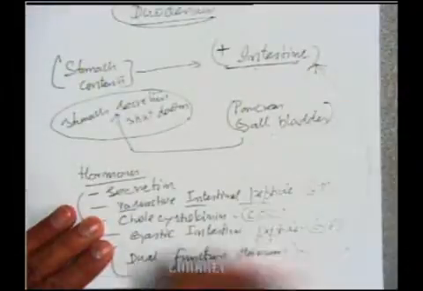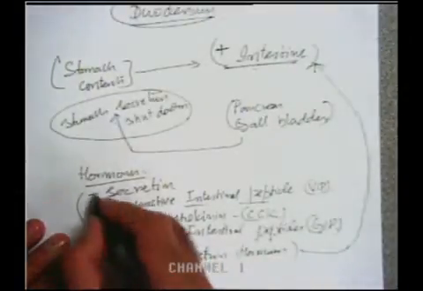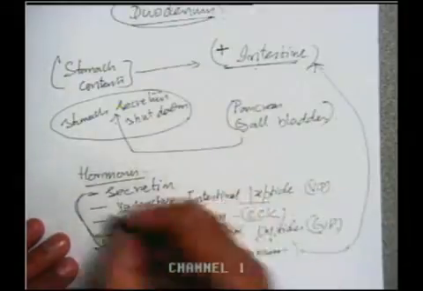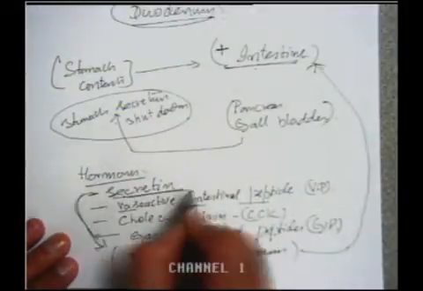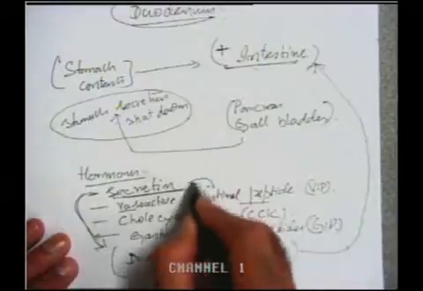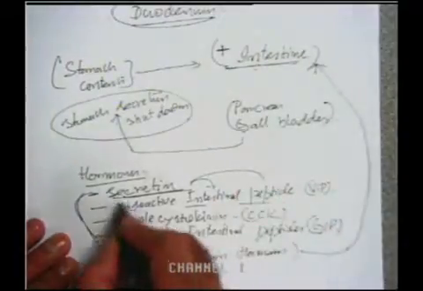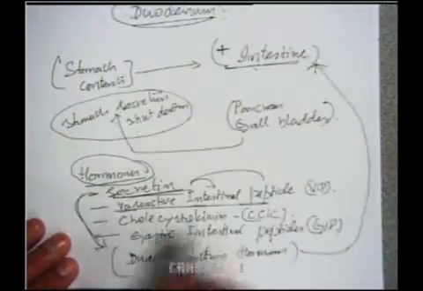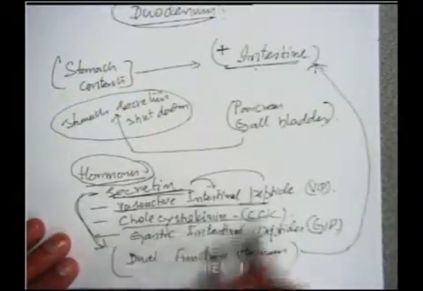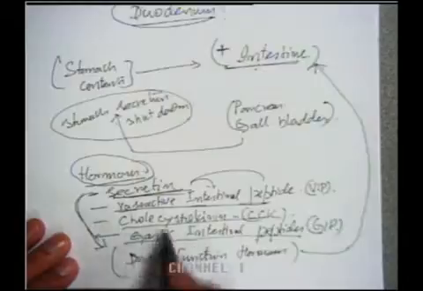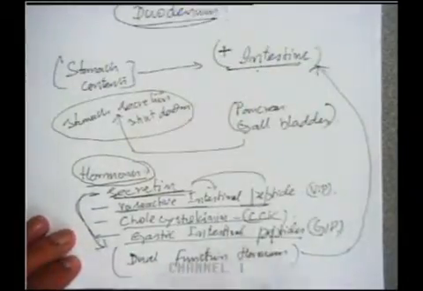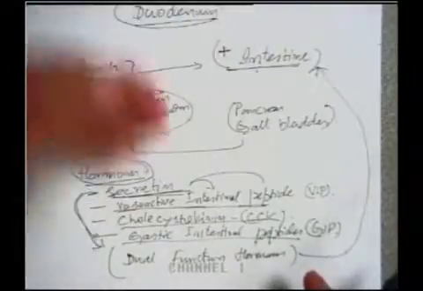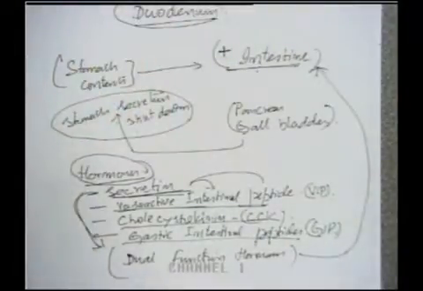Secretin will help activate the vasoactive peptide and the cholecystokinin and everything. So this list of hormones, secretin, vasoactive intestinal peptide, cholecystokinin, gastric inhibitory peptide, all form a dual function. Meaning one hormone activates when the food is there. When the food is not there, it is inactivated by itself.